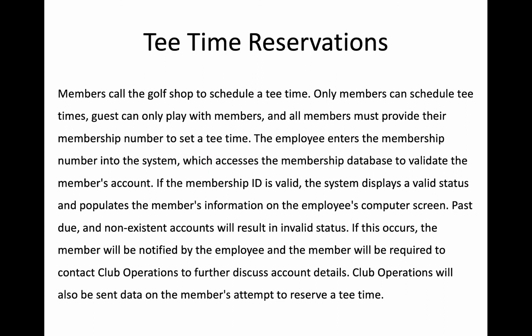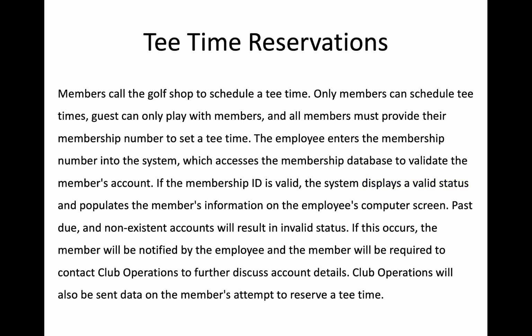And then in the last sentence that I've included in the partial, it says, if the membership ID is valid, the system, so that's the noun phrase that we're going to include in the ENA table, displays a valid status and populates the membership information on the employee's computer screen.